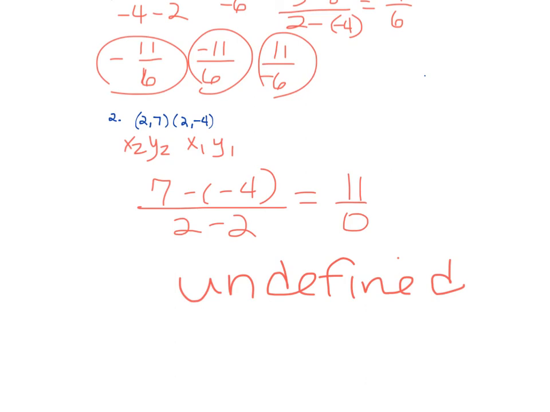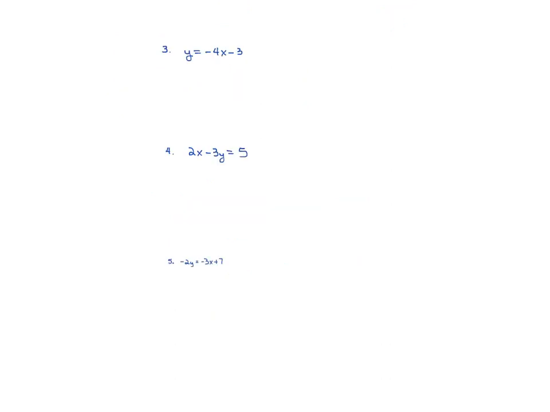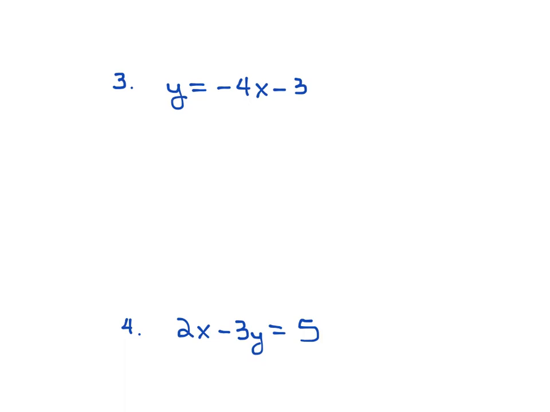So that's how to find the slope from two ordered pairs. Next, we're going to find the slope from equations. So my first one is in a form that makes finding the slope super easy. If you've recognized this, this is in slope-intercept form. Y equals mx plus b.